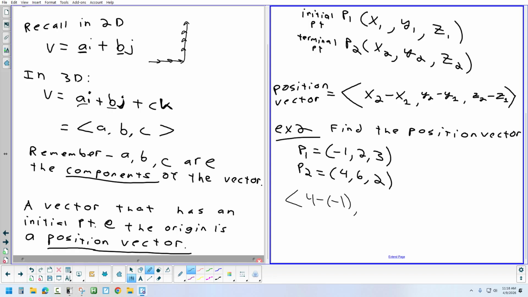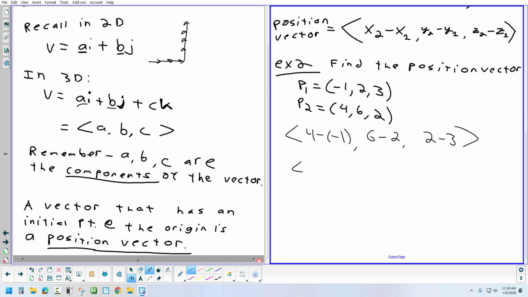And how? So what would your calculation be? It would be 6 minus 2. 6 minus 2. Yep. When you are finding a position vector, it has to be terminal minus initial. And what about to get the z-axis component? 2 minus 3. 2 minus 3.